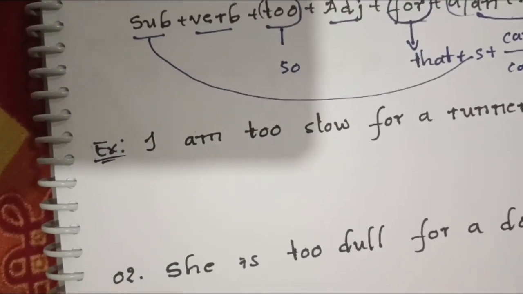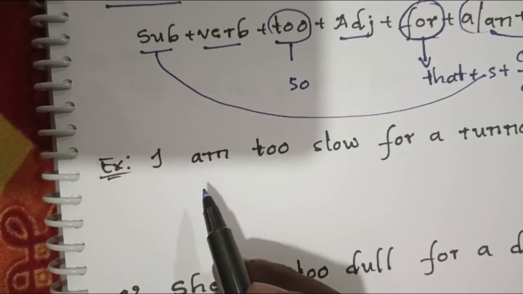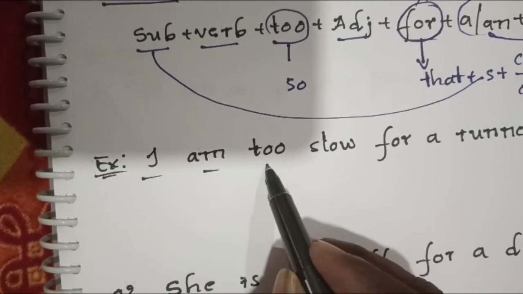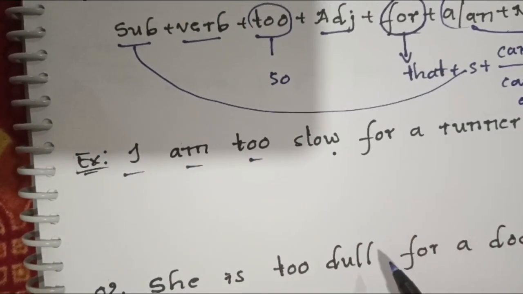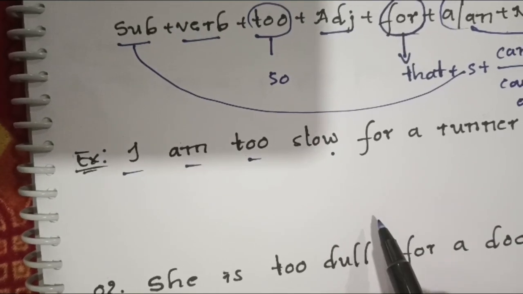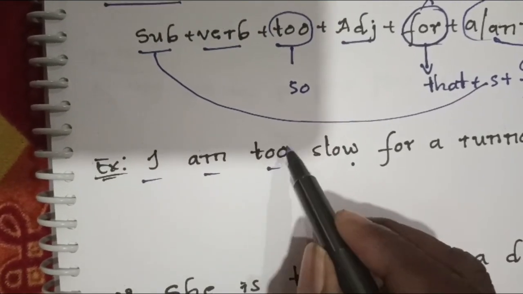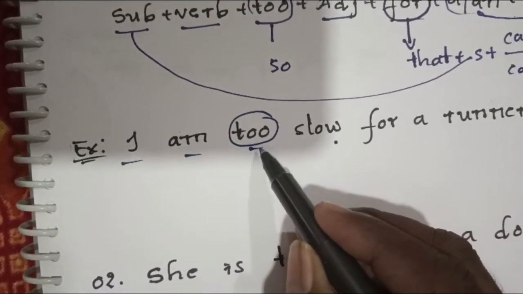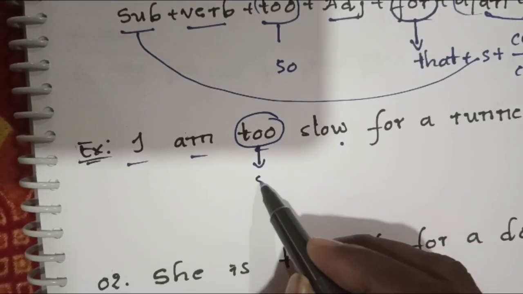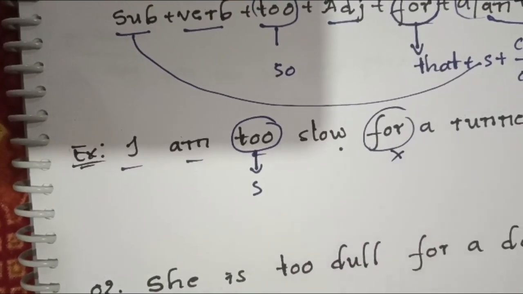So I am going to tackle this. First: I am too slow for a runner. Here, in place of 'too' we'll use 'so', and we should remove 'for'.